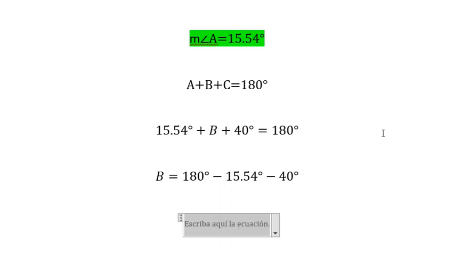So when doing this subtraction, we end up with the measurement of angle B to be 124.46 degrees.